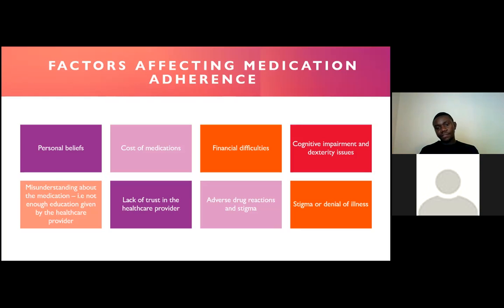And then there are adverse drug reactions, those side effects. People having chemo get nauseous and vomit a lot, so with those kinds of things comes an unwillingness to take those medications on a regular basis. And just not admitting that you were sick or suffering from this kind of illness also plays a role.